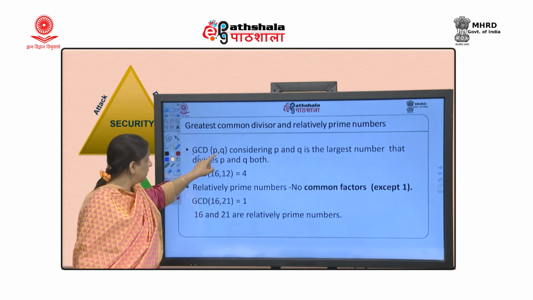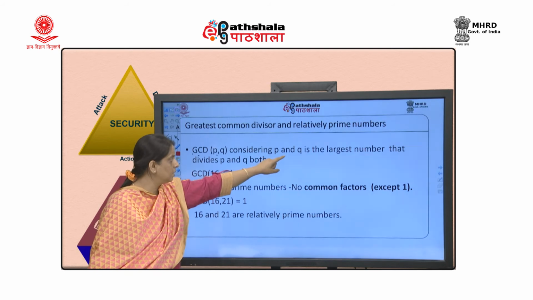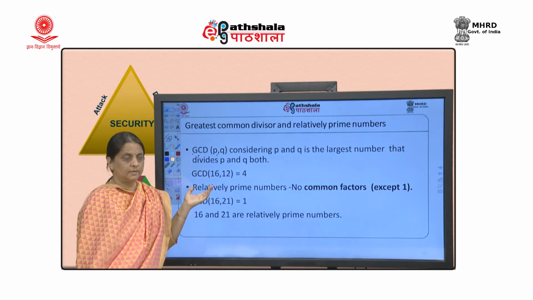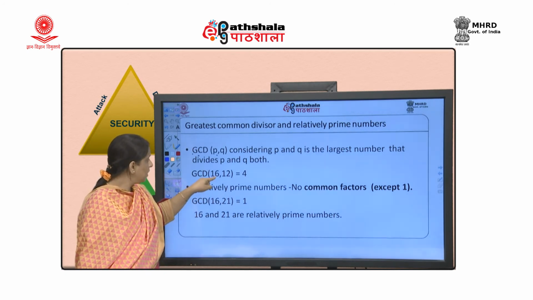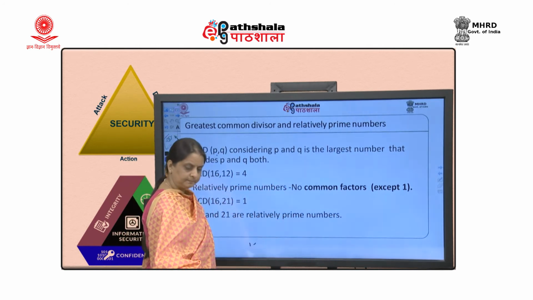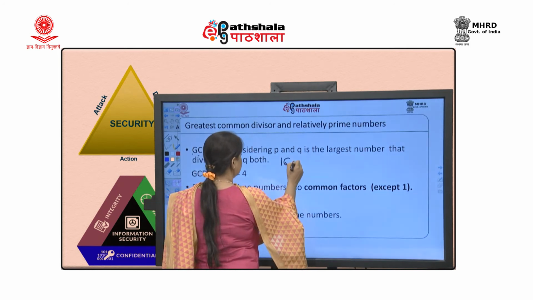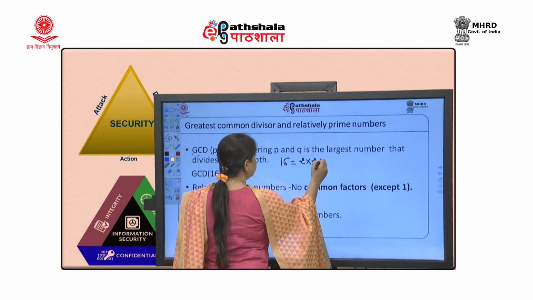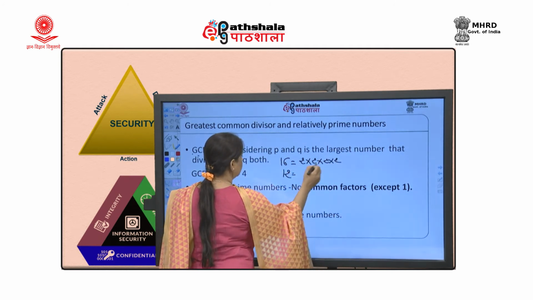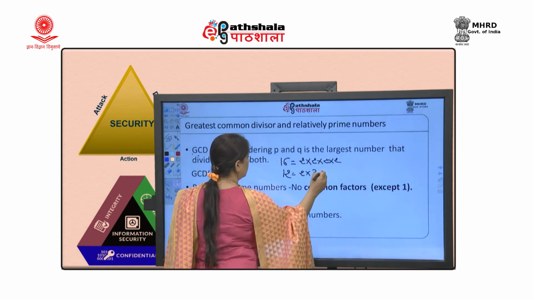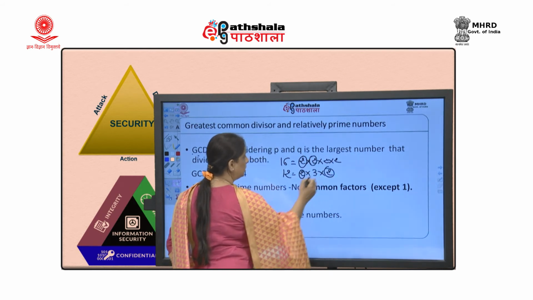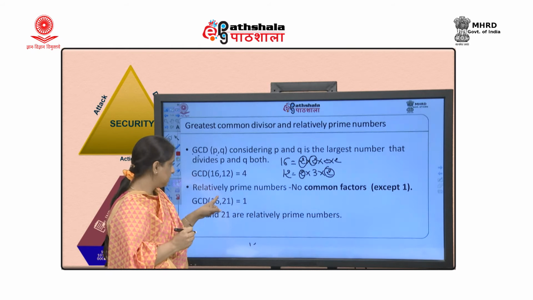The greatest common divisor of P and Q is the largest number that divides both P and Q. If you want to find the GCD of 16 and 12, we write the factors of 16 and the factors of 12. Now, what is the greatest number that can divide both numbers? 4. So, the greatest common divisor is 4.